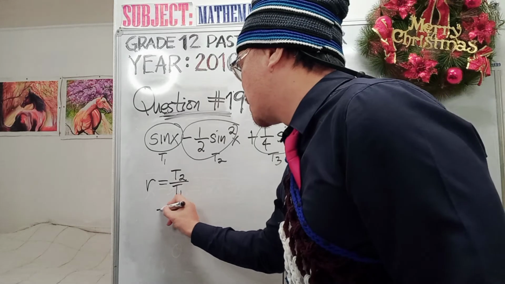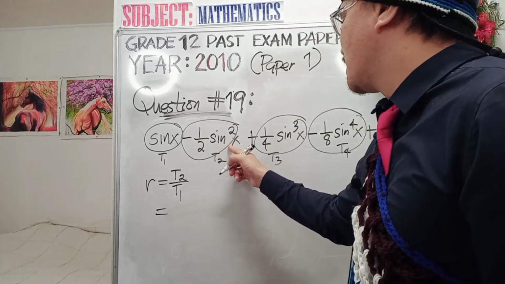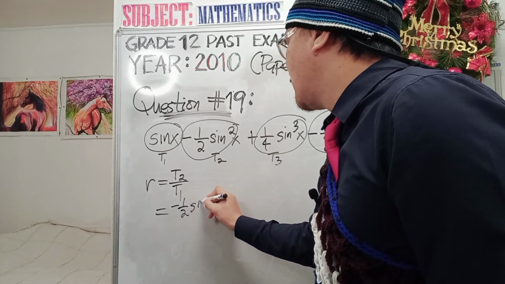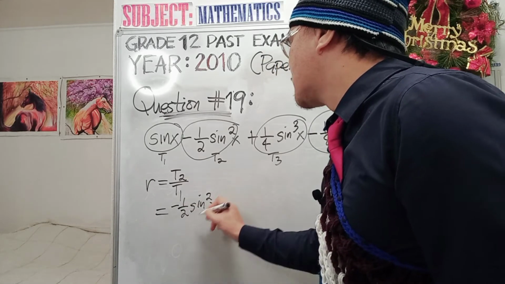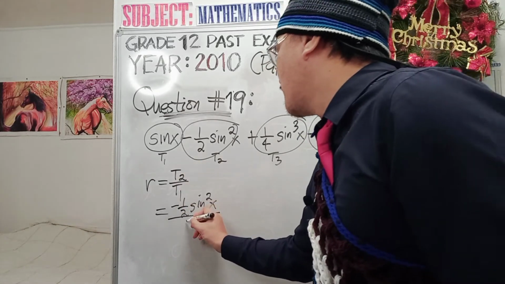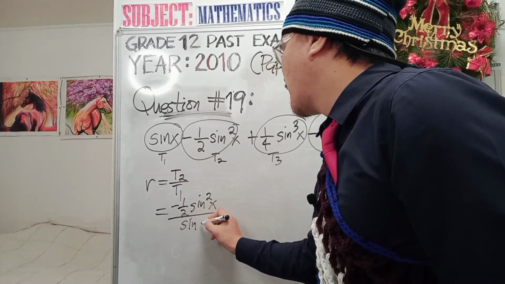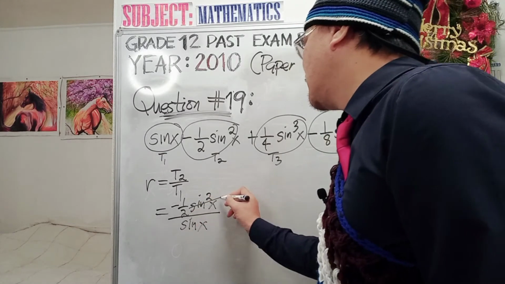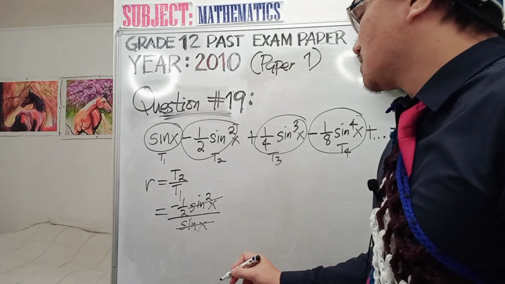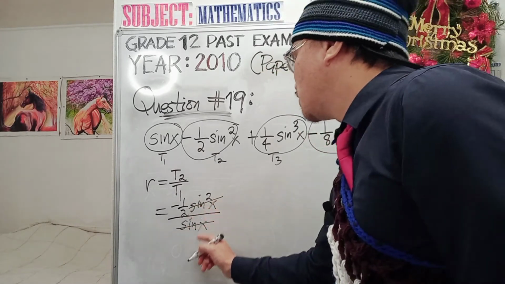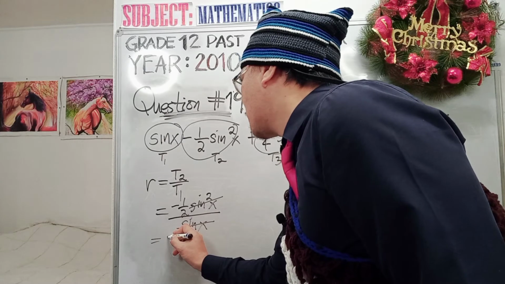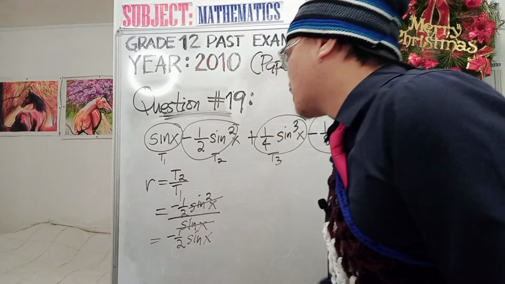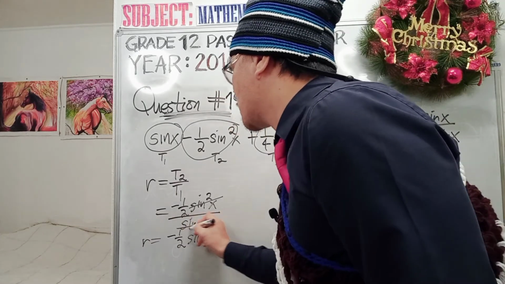If you substitute, our second term here is negative 1/2 sine square x divided by sine x. So we can cancel one sine x, and you will now have your common ratio as negative 1/2 sine x. That will be your common ratio.